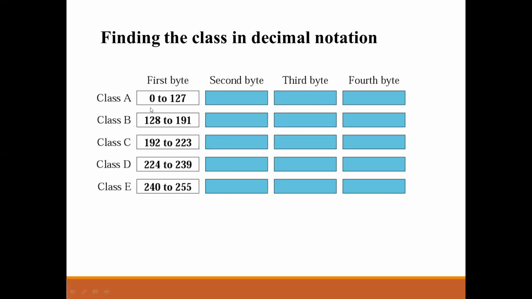Class A addressing system is from 0 to 127. Class B, 128 to 191. Class C, 192 to 223. Class D range is between 224 to 239. And Class E, 240 to 255.